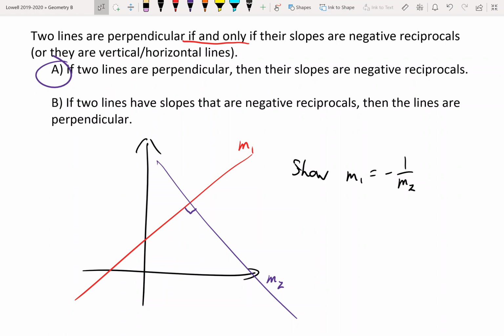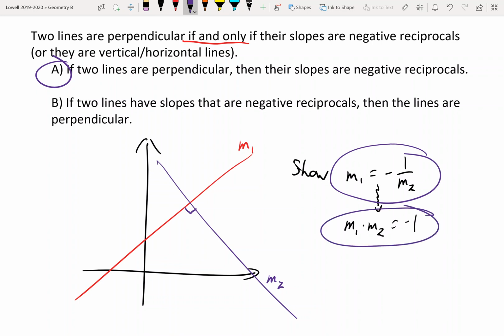I don't know how I'm going to get M1 to equal negative 1 over M2. But if I rearrange, I could multiply both sides by M2 and see that M1 times M2 is equal to negative 1. If I could show either of these is true, then I'm good, because these are equivalent equations.